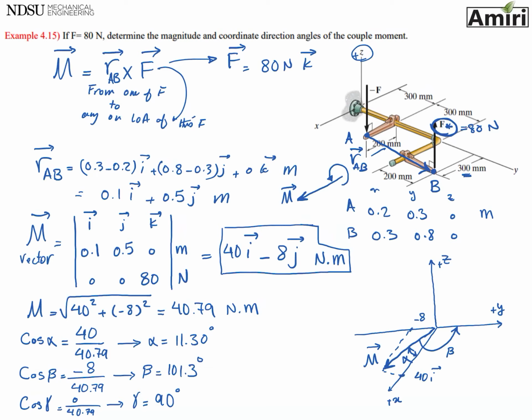And your gamma is the angle that this vector makes with the positive z direction, which is 90 because this doesn't have any z component. So that's the second part of the problem that it was asking us to do.